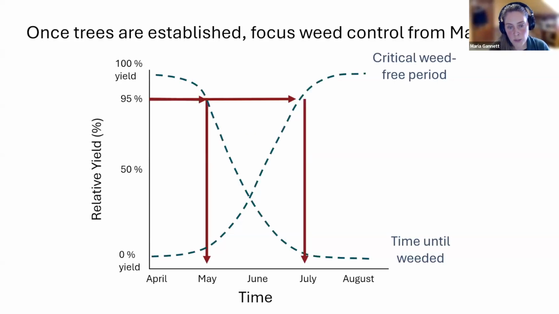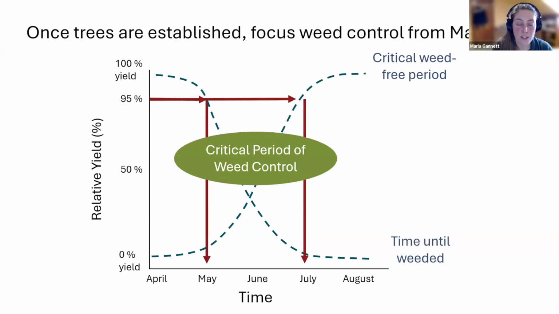So if you combine those two things, that's known as the critical period of weed control. And for apple orchards in the Northeast, this is generally from May through till midsummer. May is more consistently found to be the time you should start weeding, and then it's a little bit on your own orchard when you have to worry about this a little bit less. So that's when you should think about concentrating your efforts.